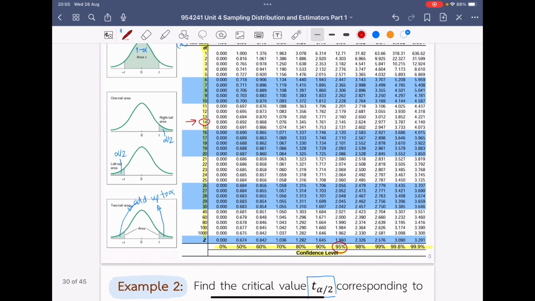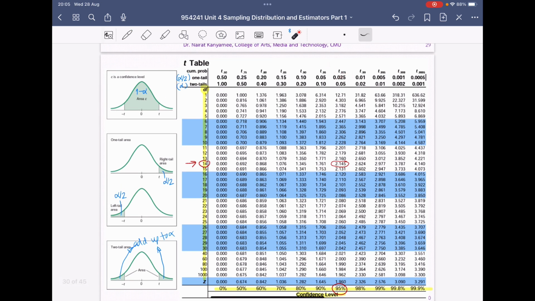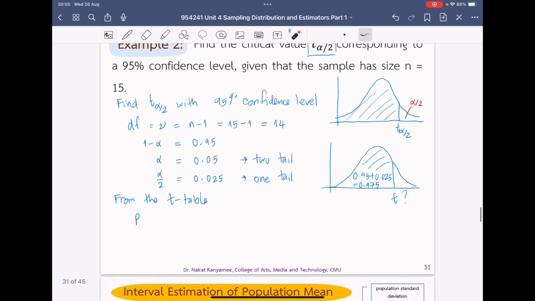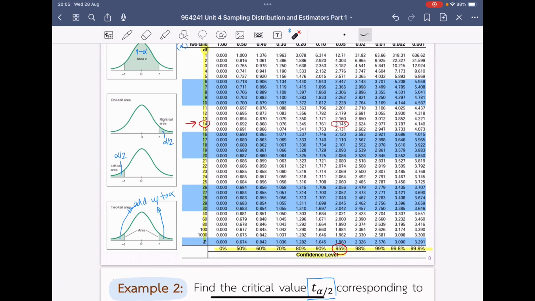Looking at this row, this one, same here, t of 0.975. Or you can use alpha as 0.05, or alpha over 2 as 0.025, with degrees of freedom 14 and a 95% confidence level. It turned out to be that t is 2.145.